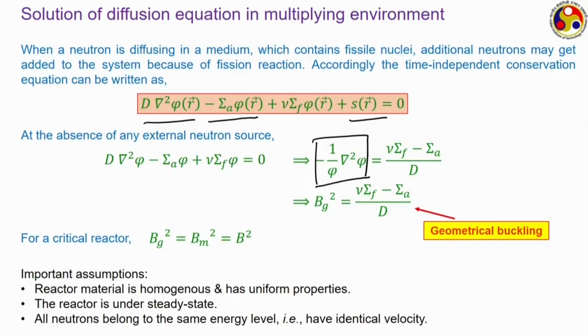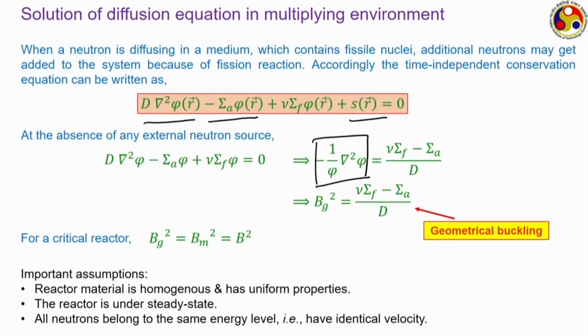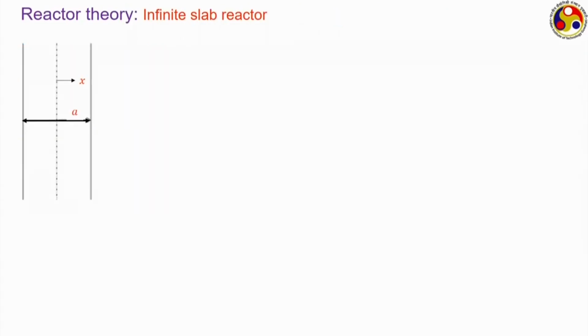And third assumption, all neutrons belong to the same energy level. Remember, what we are doing here is the solution of a single energy diffusion equation, where the variation in the neutron energy level has been neglected. So, we assume all neutrons have identical velocities or identical kinetic energies. So, with that, let us try to study a few reactor designs.